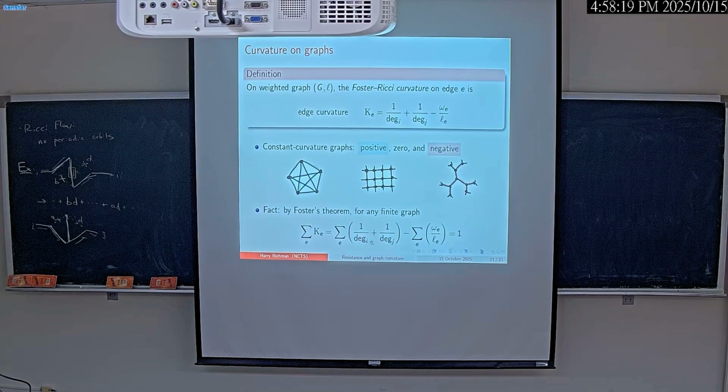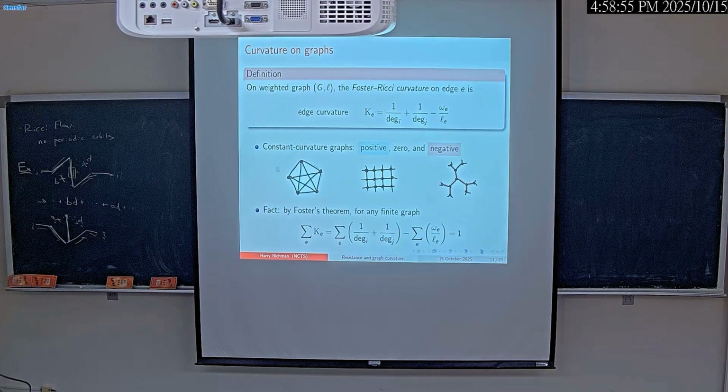For the first term with the degrees, it's straightforward graph theory to see this comes out to the number of vertices. And for the second term, it's a result of Foster from the 1950s that this comes out to the number of vertices minus 1. So if we combine these two things, we see that the total edge curvature in this formula is always equal to 1 for a finite graph.